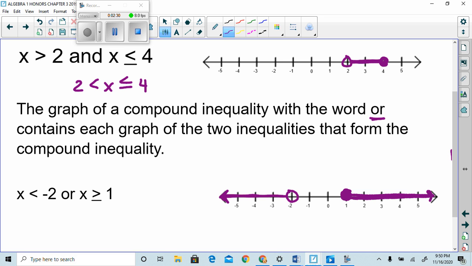So here we've extended this solution in two directions. The word or says it's this or that. I always think of the word or as the oars on a boat, and the oars go on opposite sides of the boat, one on each side, and on this we have shading, one on either side, to the left and to the right.